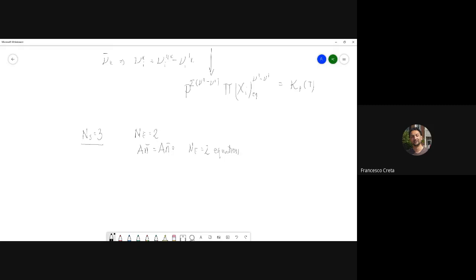And you can generalize this as much as you want. If Ns is equal to 5 and Ne is still equal to 2, for example, then this is a system of how many equations? I didn't mean to say reaction, I meant to say equations, of course.